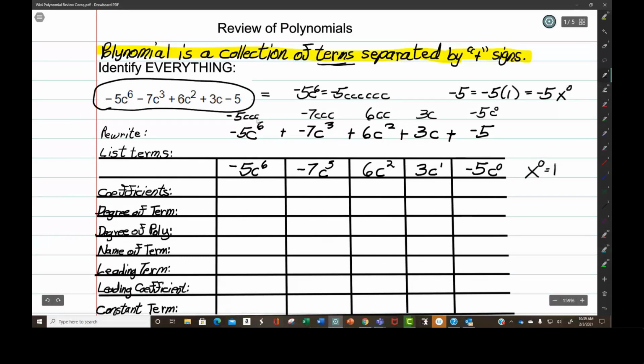C times C times C times C times C times C. When the multiplication stops, that's where the plus sign comes in to separate the terms. See, the pluses are the separators, and inside each term, the numbers and the variables are multiplied together.